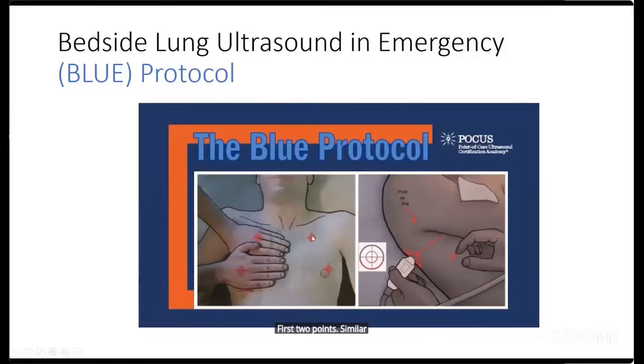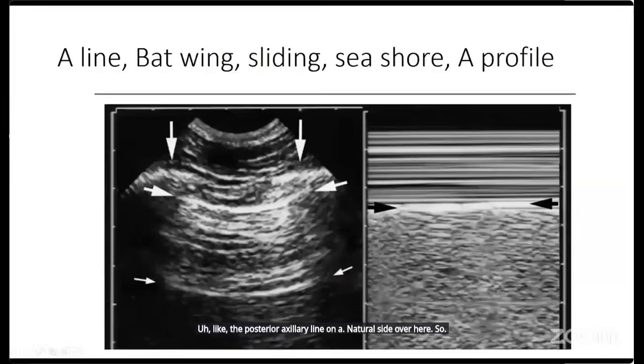Similarly, in a symmetrical area, the next 2 points. So these are the 4 points on the anterior chest wall, and then there is one more point called the PLAPS point, which is your posterolateral point, at the posterior junction, posterior to the posterior axillary line on the lateral side over here. So this is your PLAPS point.